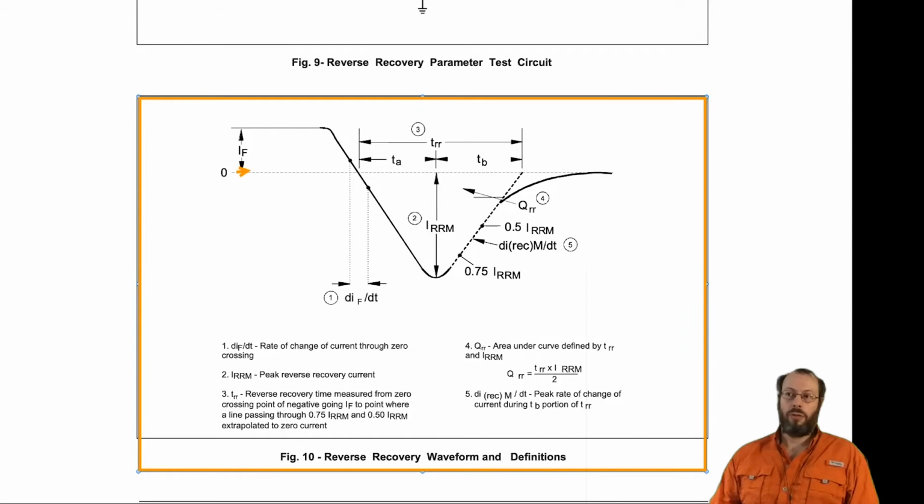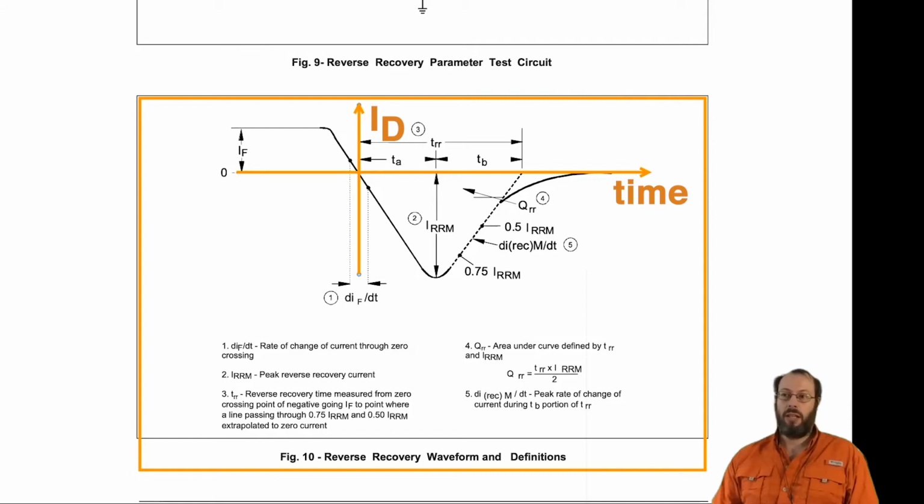Now, first of all, let's draw some axes into this diagram. The time axis is here, and I'll define that the y-axis, which is representing the current through the diode, crosses the x-axis, the time axis, exactly at that point of time where the current is changing its polarity.